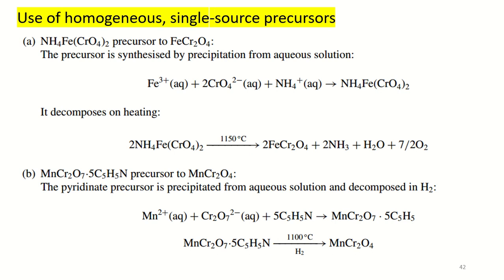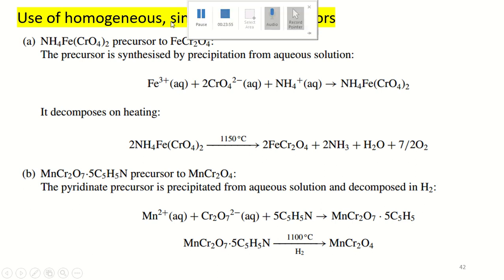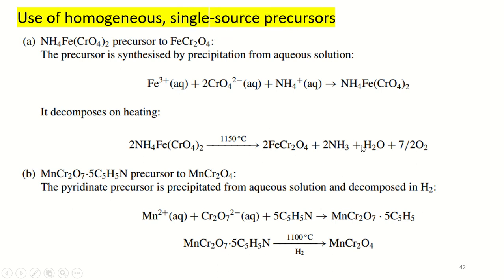It decomposes on heating at about 1150 degrees Celsius into iron chromite, FeCr2O4, and ammonia, water and oxygen.